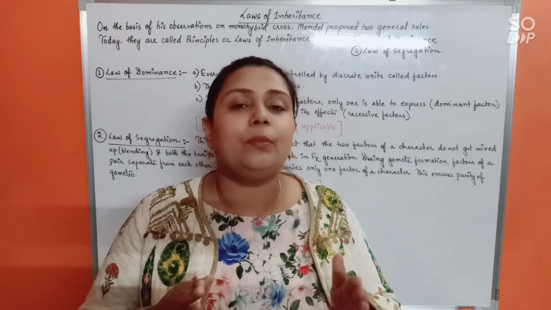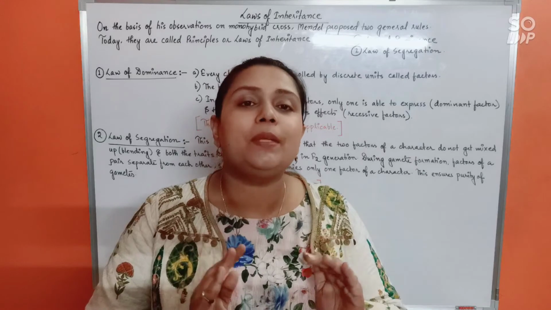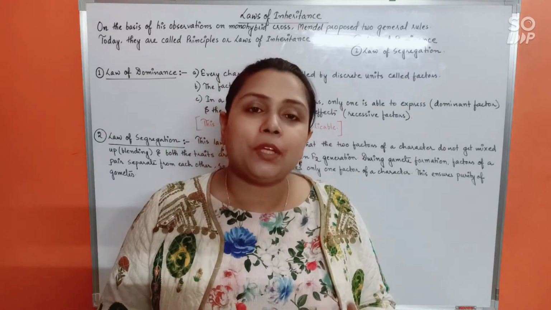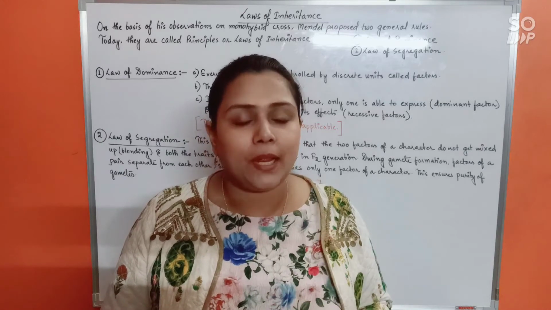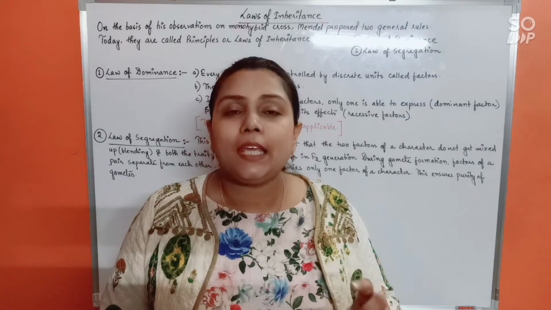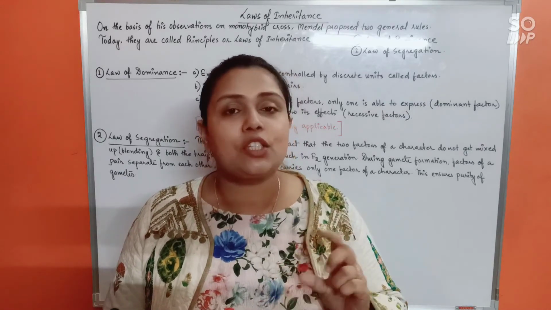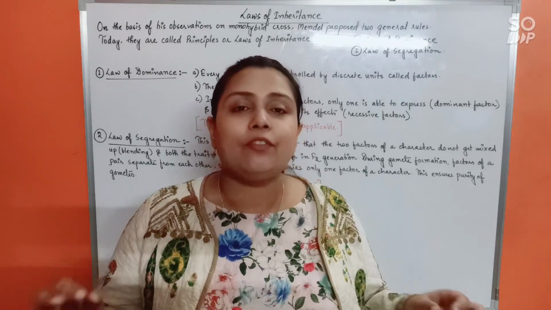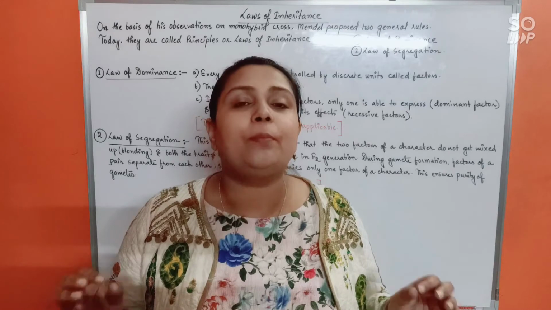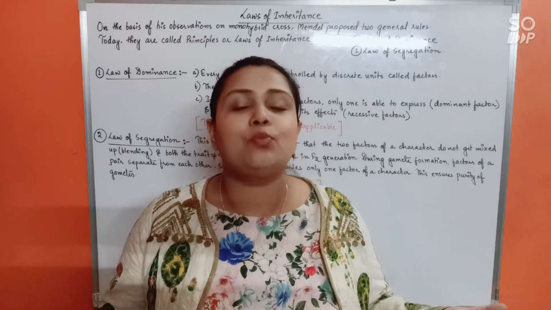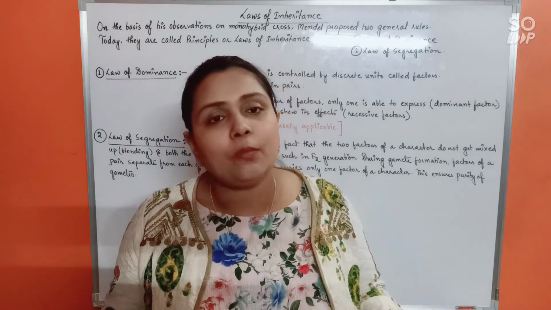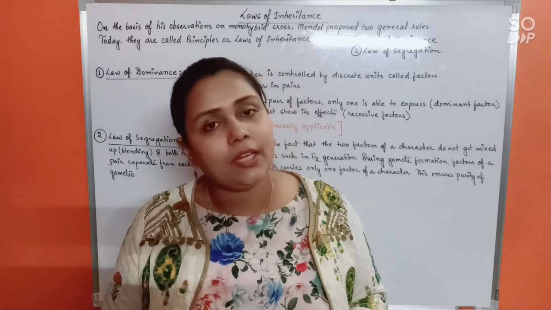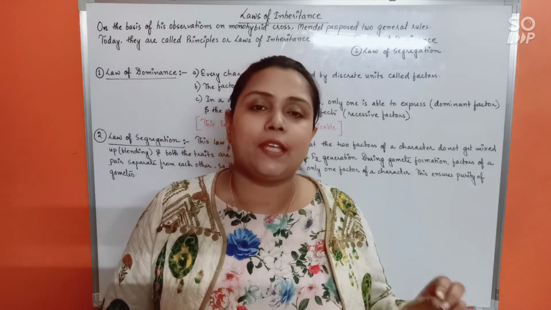The pairing will be lost means the two factors will be separated from one another during gamete formation. And because they do not show any mixing or blending, each discrete unit, when it moves on to the gametes, will prove the purity of gametes. The gametes will again not show any mixing or blending. They would remain pure in their entity. So that's what is law of segregation.